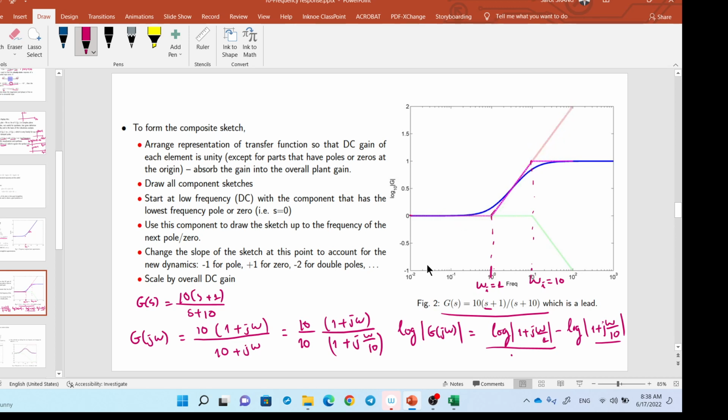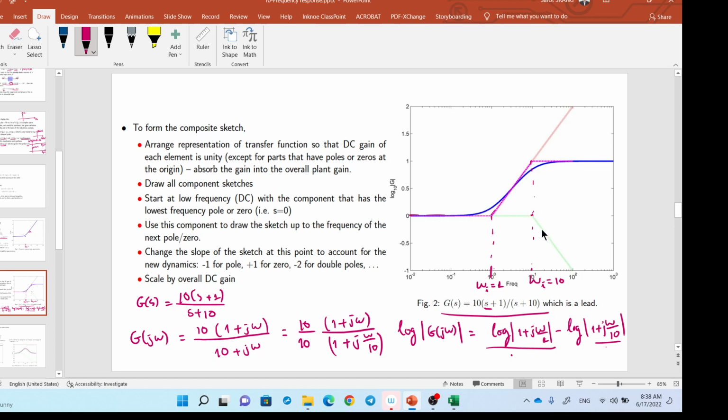Okay, and then for the second term, you have the green asymptote. This one is the same, but because the coefficient here is -1, then you have a downward sloping here.